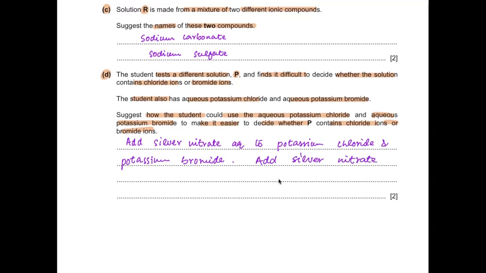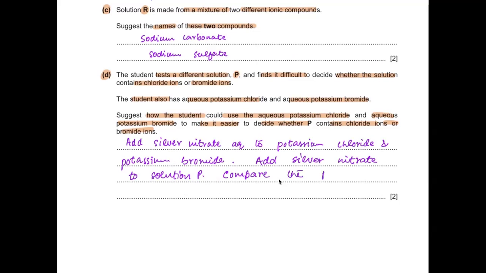Then what we are going to do is add silver nitrate to solution P. Now we are going to compare the color of the precipitates formed with P with the rest.